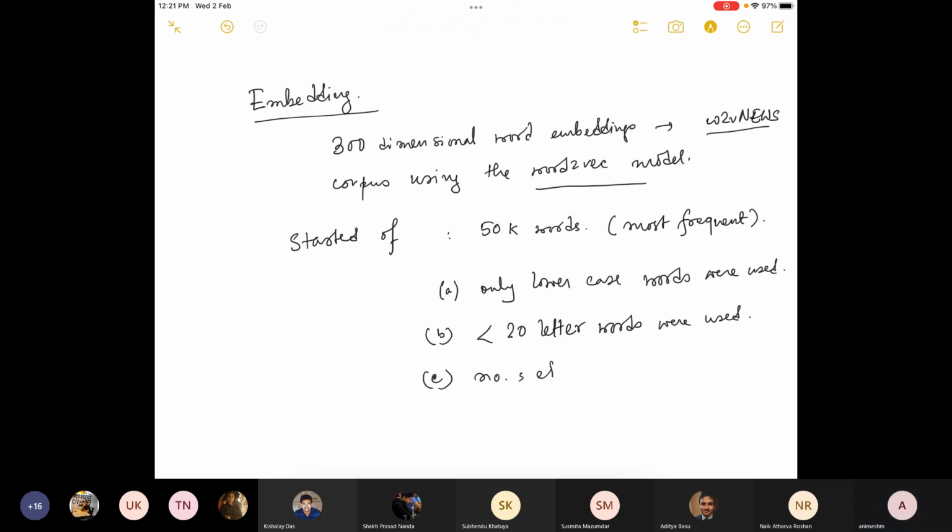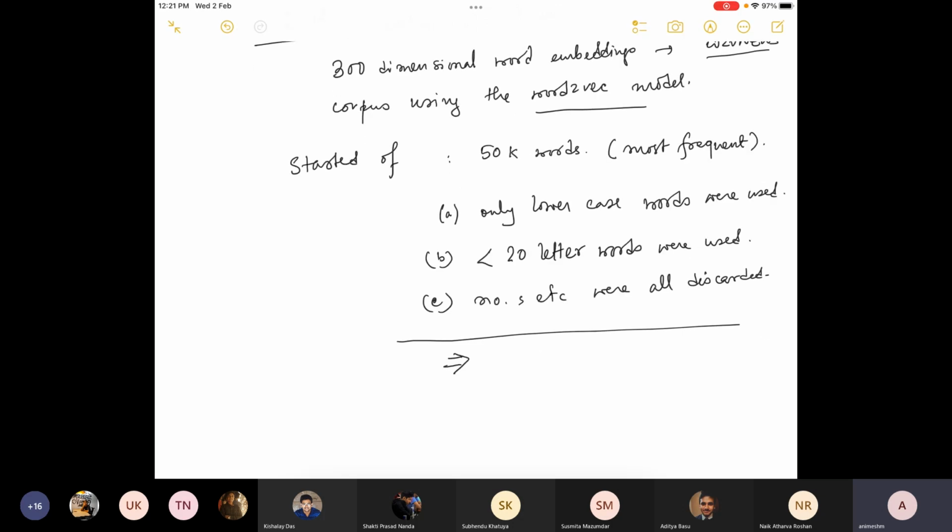Numbers, etc. were all discarded. Now, after applying all these filters, the final set of words on which the authors ran all their experiments was around 26K.